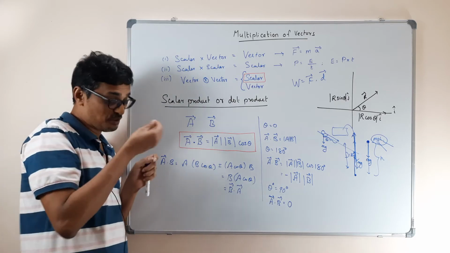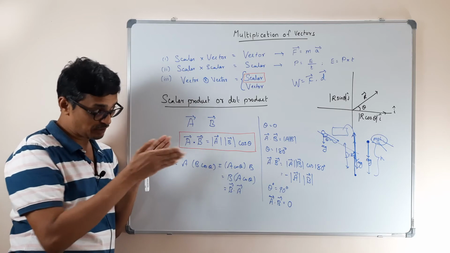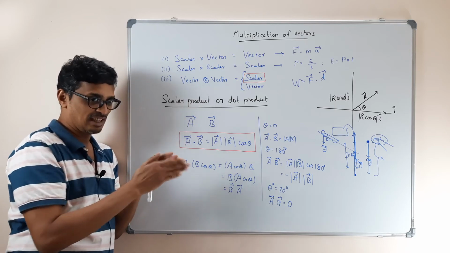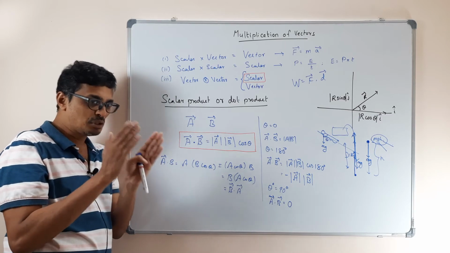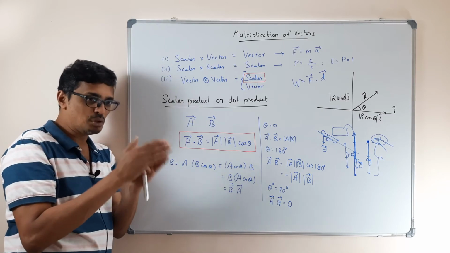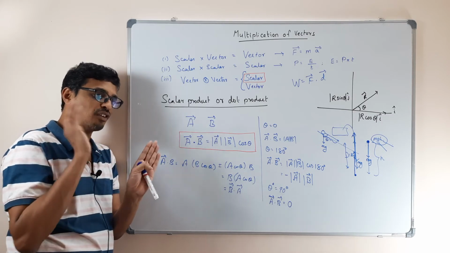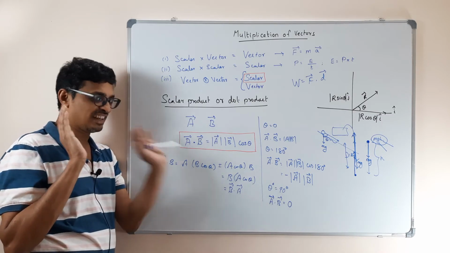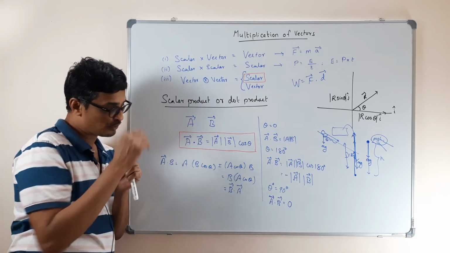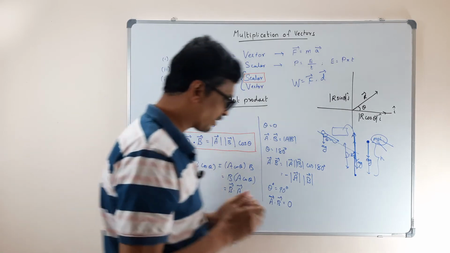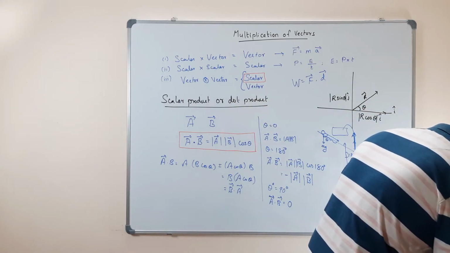So whenever the displacement is perpendicular, or in any case, if any two vectors are perpendicular to each other, then their dot product will always be 0 because the angle is 90 degrees. One example is what I was saying, force and displacement.